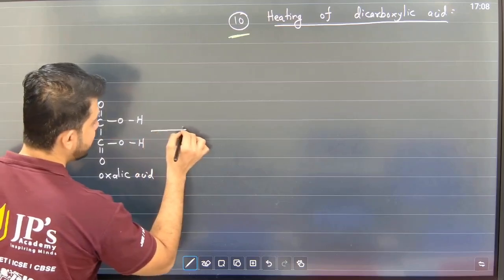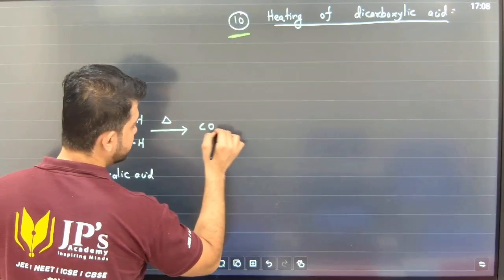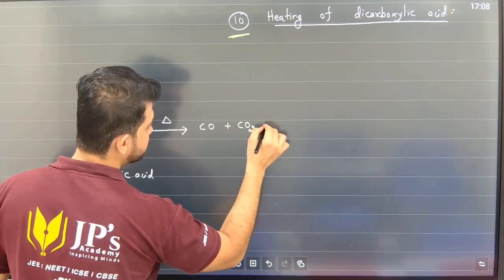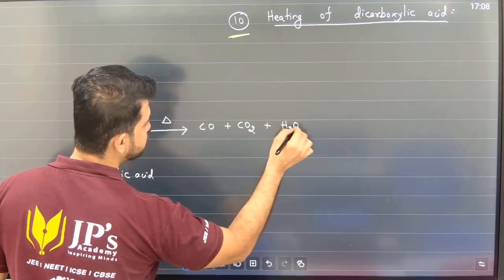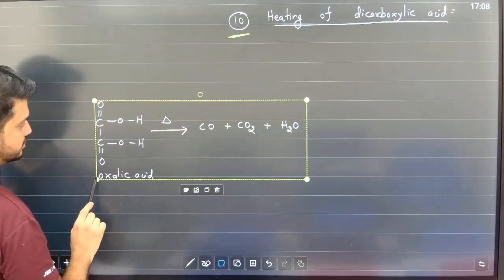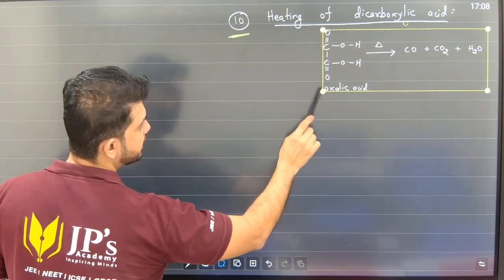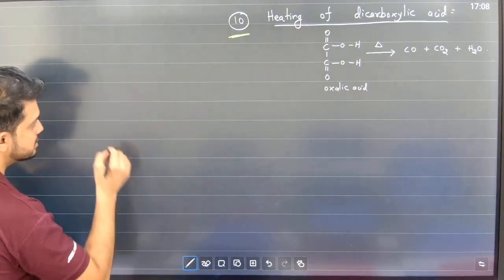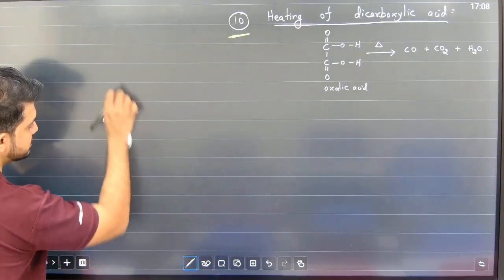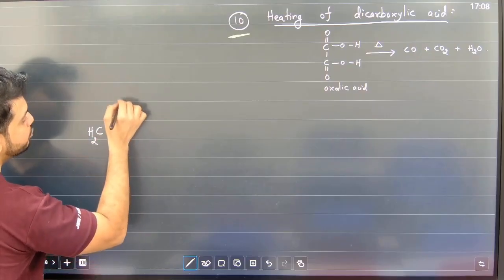So oxalic acid students on heating gives us CO, CO2 and H2O. This is our first dicarboxylic acid. Students, second dicarboxylic acid we have is malonic acid.